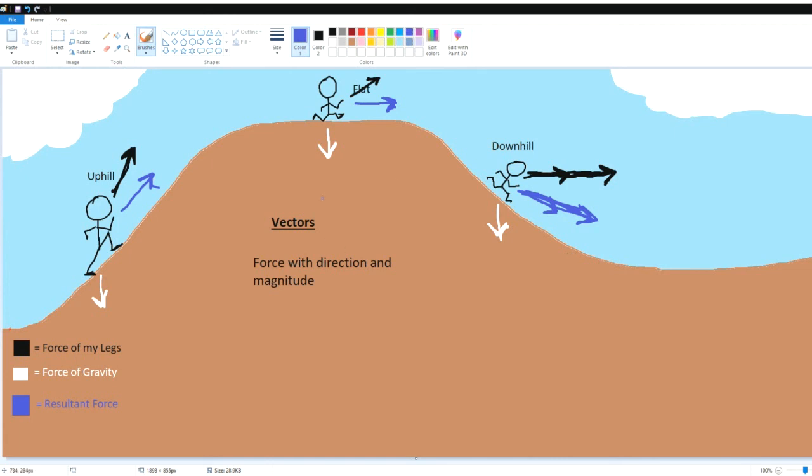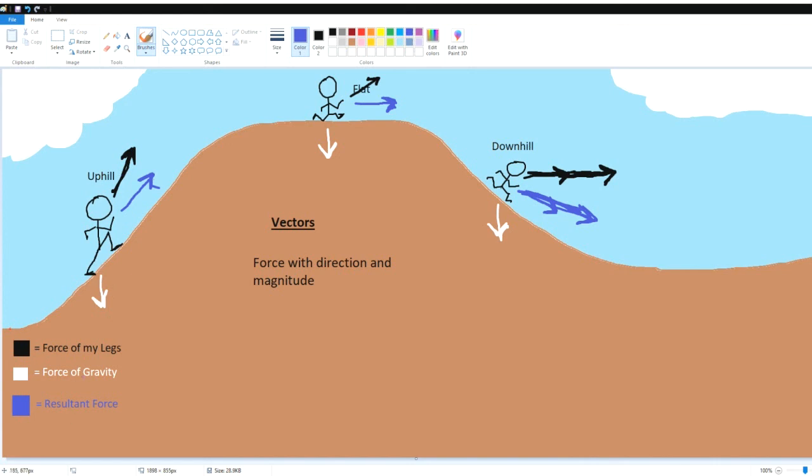So, this is essentially the basics of what vectors are, right? Vectors are any sort of force that has a direction and a magnitude. The vector of my legs going uphill is very upward, with a certain level of force. The force of gravity is downward.